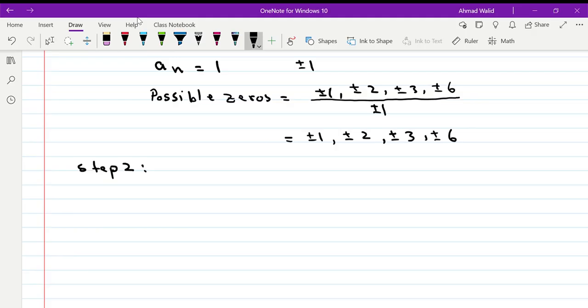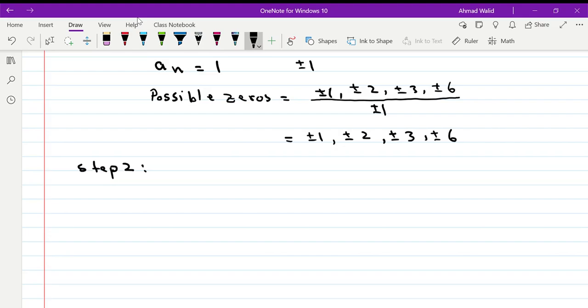You see how many numbers I have? Plus minus 1, 2 numbers here, plus minus 2, 4, plus minus 3, 6, plus minus 6, gives you 8 numbers. I have to do my synthetic division maybe 8 times to find the real zeros of a polynomial function.